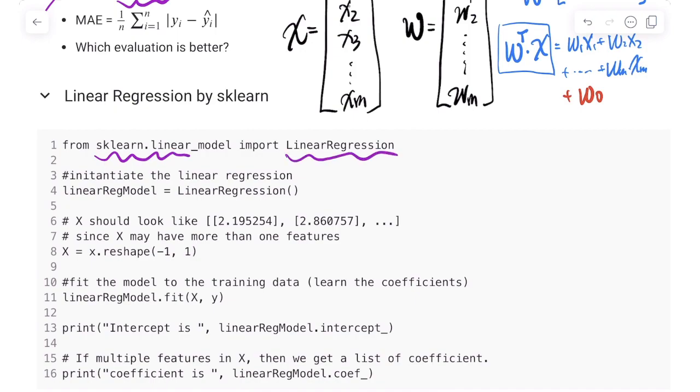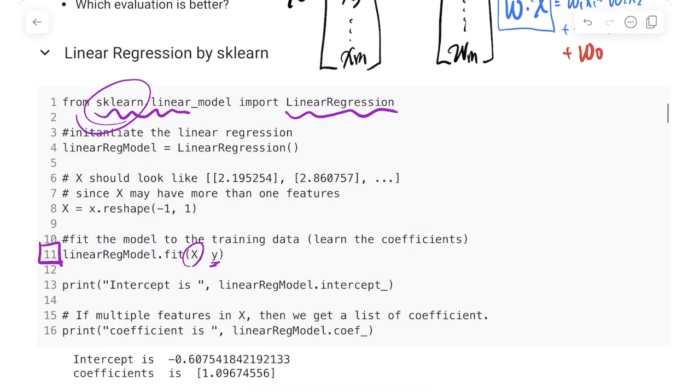There are several very useful packages in Python. You simply import those libraries, and for those packages, you simply give them the big X and the small y, and they can tell you the intercept and the coefficients of the features.